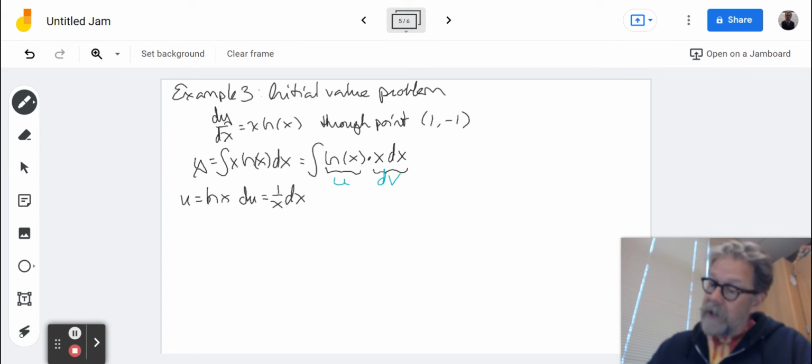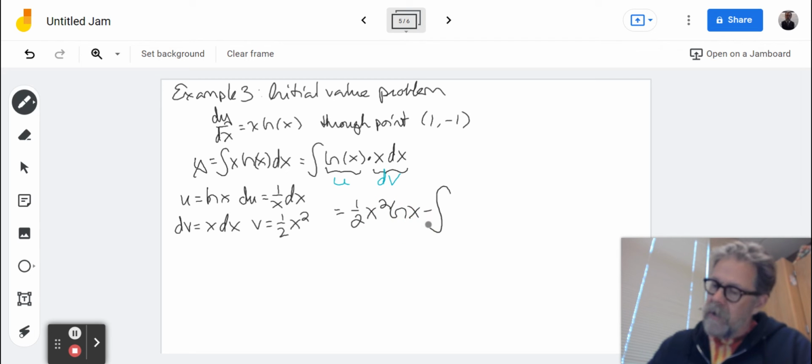Hopefully it's not too distracting. And dv is equal to x dx, which means that the antiderivative is 1/2 x squared. So this is equal to U times V, 1/2 x squared natural log of x, minus the integral of V du.